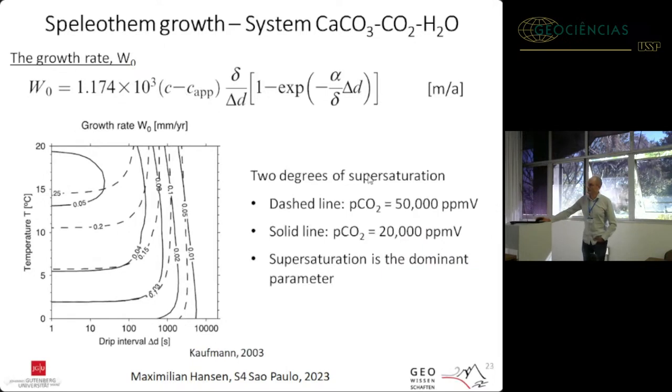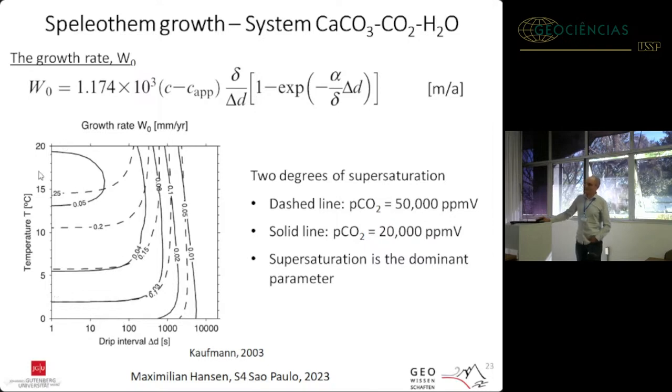So if you run this model for 2 degrees of supersaturation, you can see the dashed line would be an initial solution in equilibrium with a very high PCO2 of 50,000 ppm, and the solid line is a PCO2 which is much lower, of 20,000 ppm, and then you get this kind of plot.